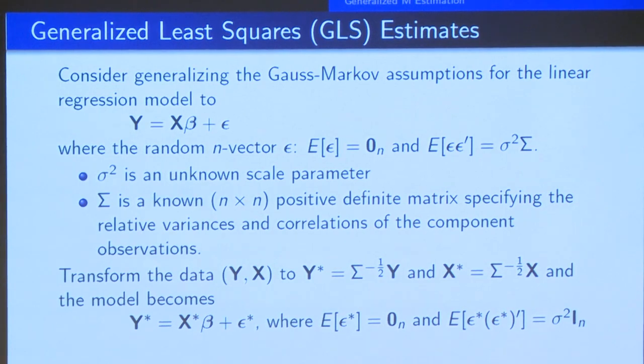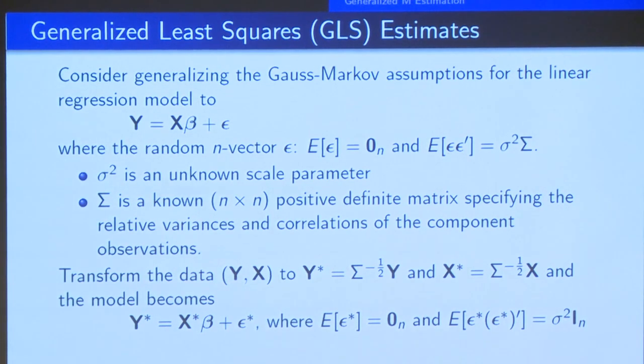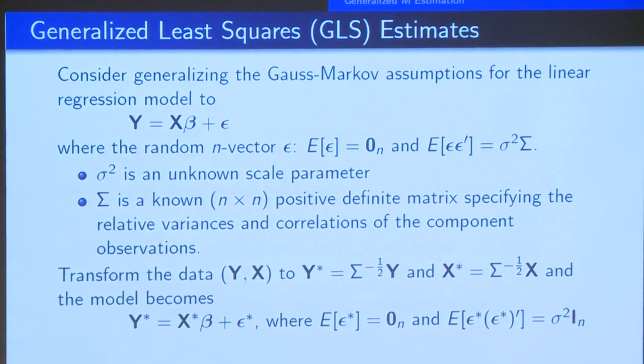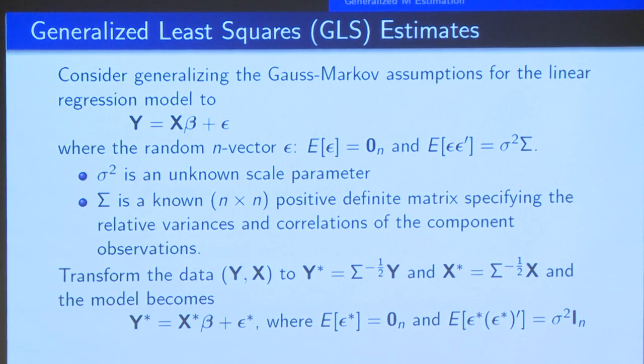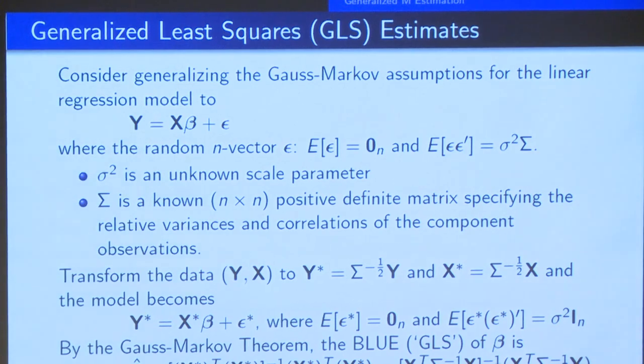And what we had to do was do a linear transformation that makes the response variables all have constant variance and be uncorrelated. So with that, we then have the least squares estimate of beta is the ordinary least squares in terms of y star and x star. Plugging that in, we have x star transpose x star inverse x star transpose y star. And if you multiply it through, that's how the formula changes.